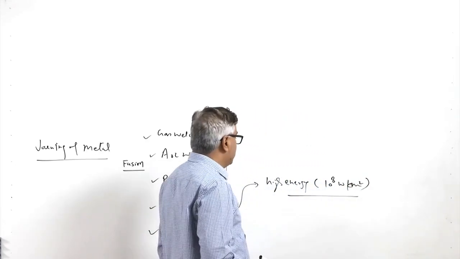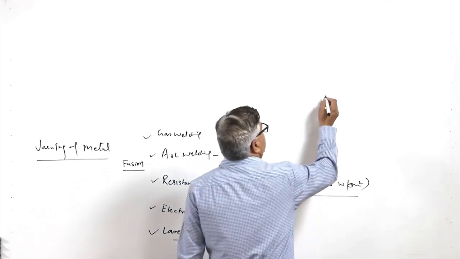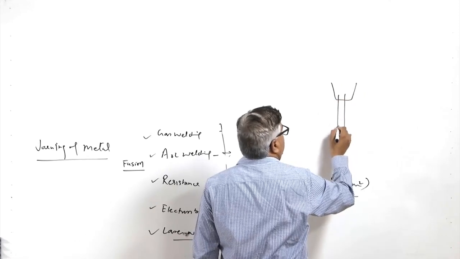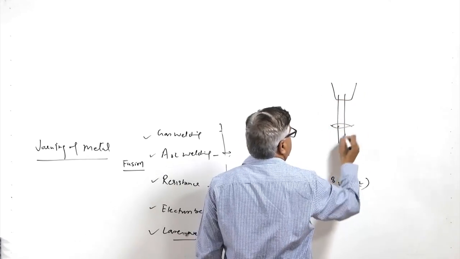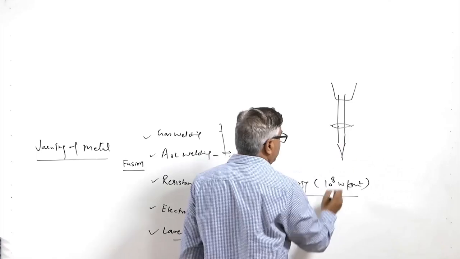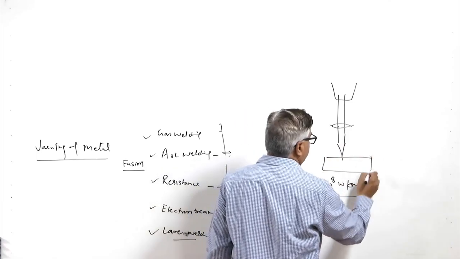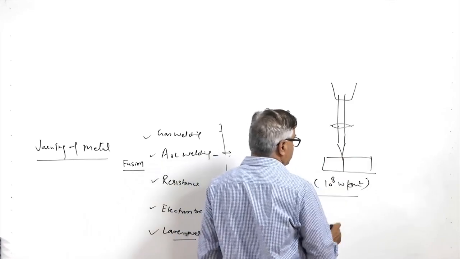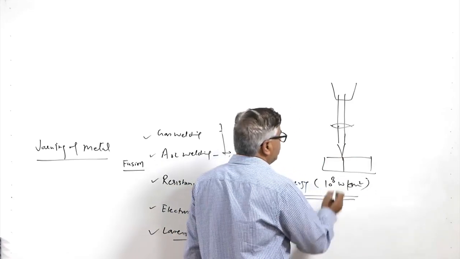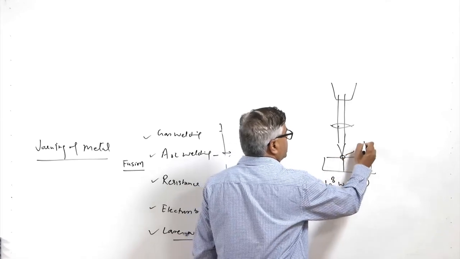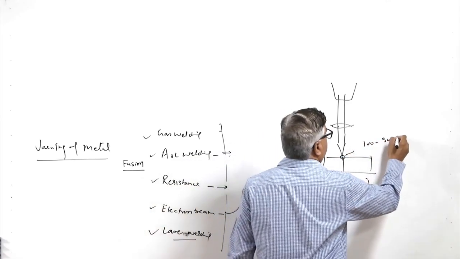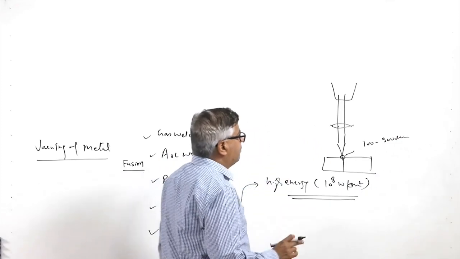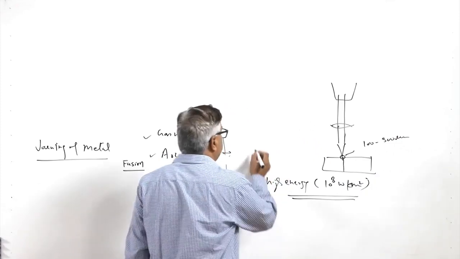Under these conditions, there is a source of the beam, which is directed through lenses and converged onto the location where the joint is to be made. So, say this is the location of the workpiece, a high energy density process, the beam focused over a very small area, like say 100 to 300 micrometer in diameter.